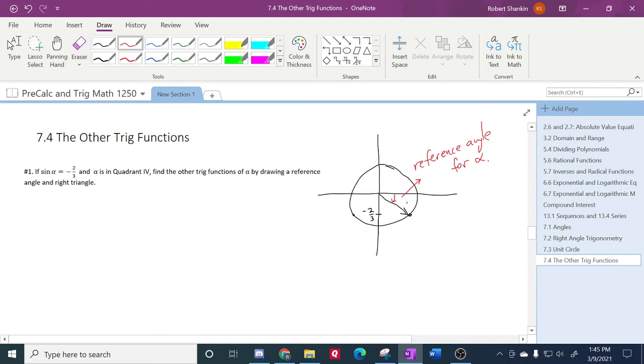And it makes it really quick and easy to work with. All right. So we're going to find all the other trig functions of alpha by drawing the reference angle and the right triangle. When it says draw the right triangle, it just means from this point, come across, we get this right triangle. So I'm going to blow up that right triangle, take it out of that picture, and I'm going to get it like this.